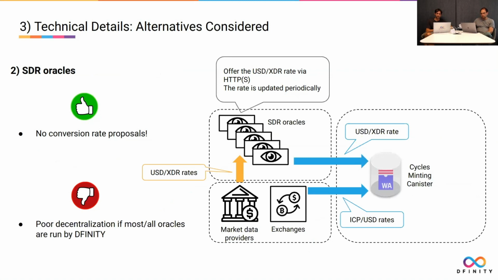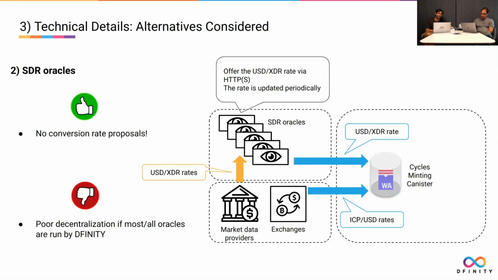An alternative would be to introduce what we call SDR oracles. Those are similar to conversion rate provider instances, but instead of creating proposals, they would simply fetch the current rates and offer the USD XDR rate via HTTPS, so that the exchange rate canister could get both types of information via HTTP calls.